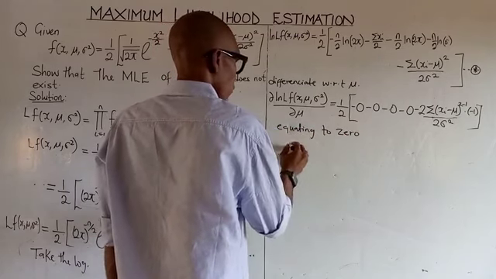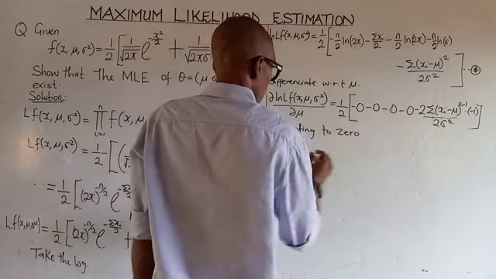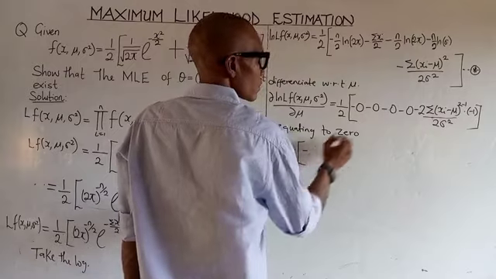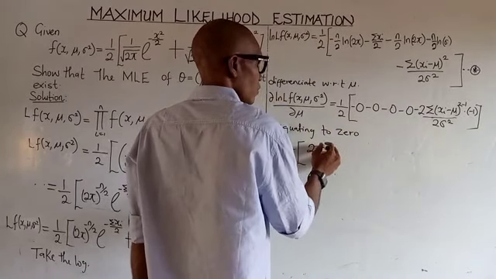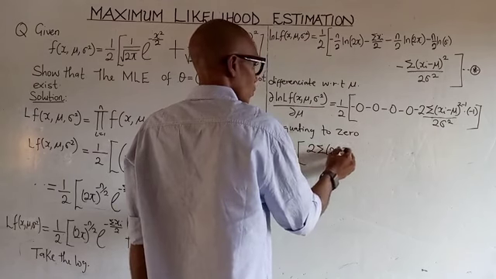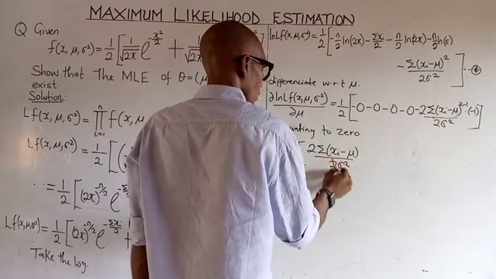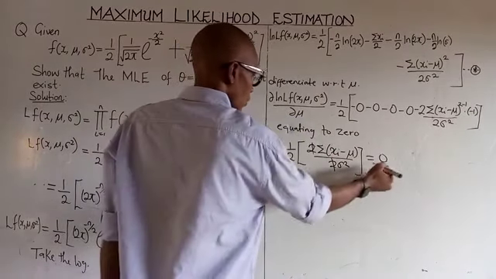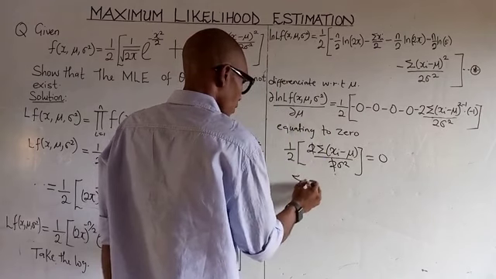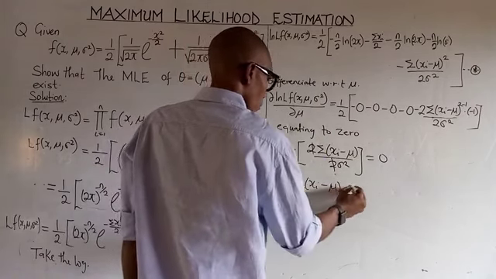We have 1 all over 2, minus, because of this minus sign, here we come to plus, so 2 xi minus mean all over 2 sigma squared. This we cancel. This already will come to 0, so we'll be left with summation of xi minus mean equal to 0.